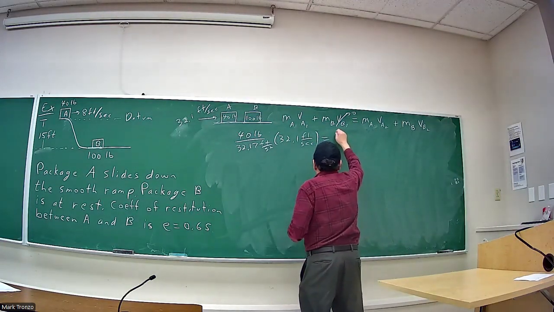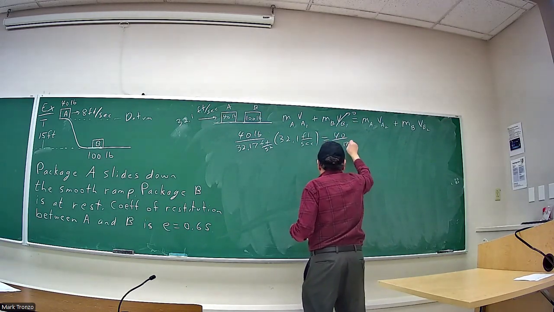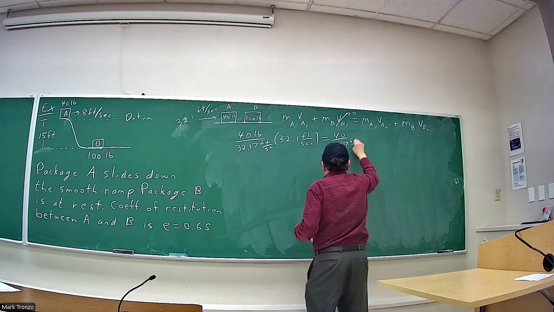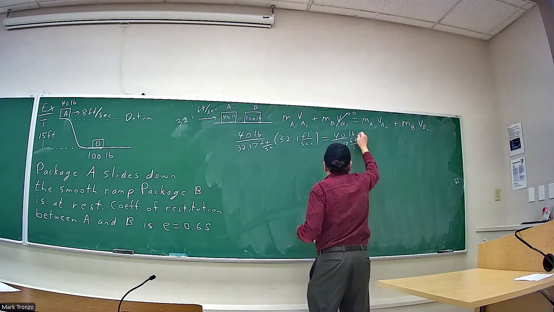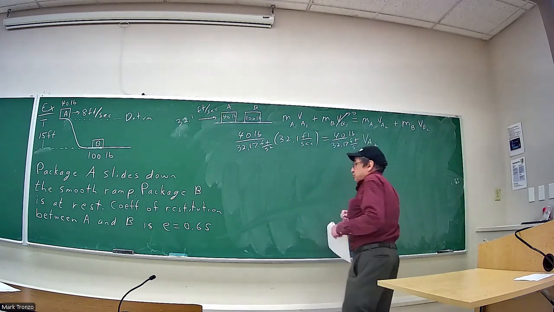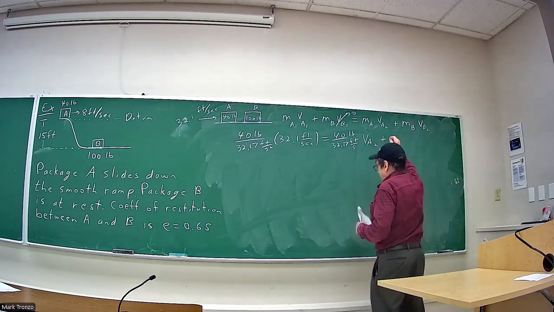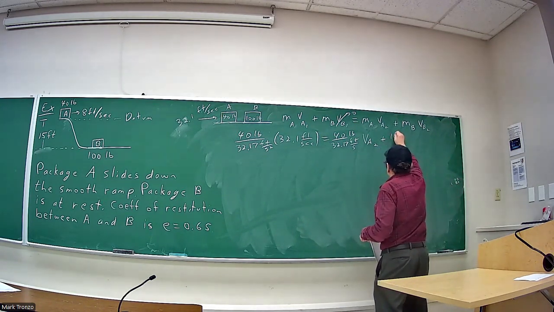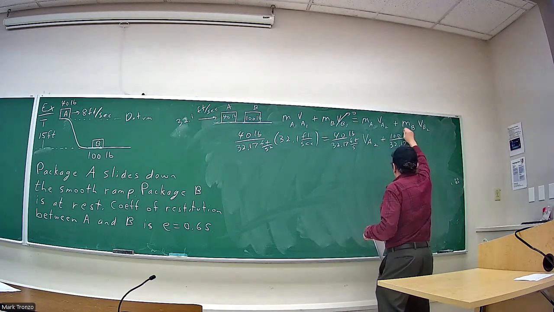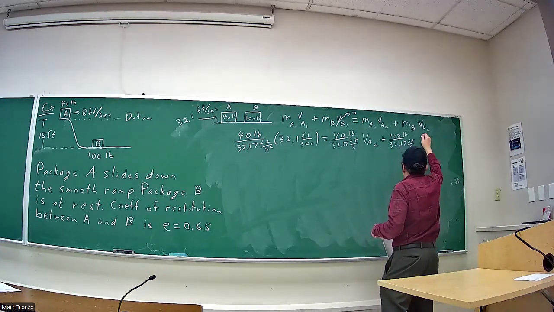And once again, over here, we're going to have the mass of A times the final velocity of A, which we do not know, plus the mass of B and the final velocity of B.